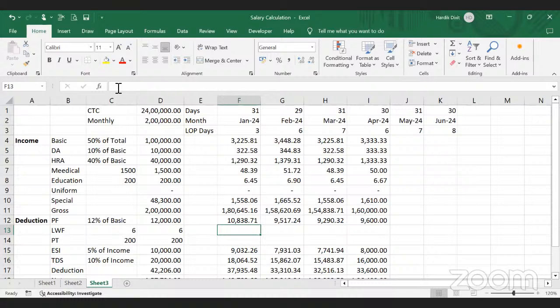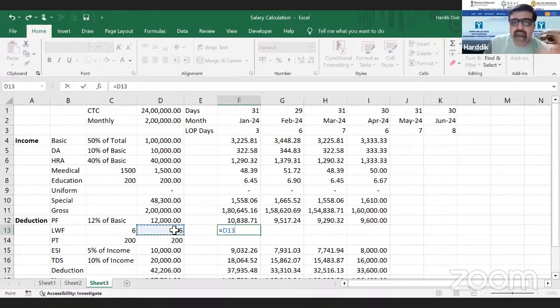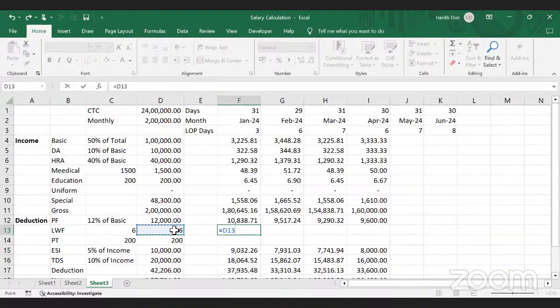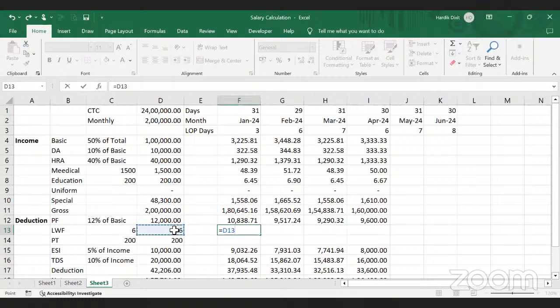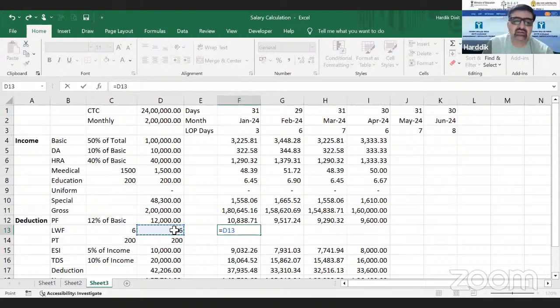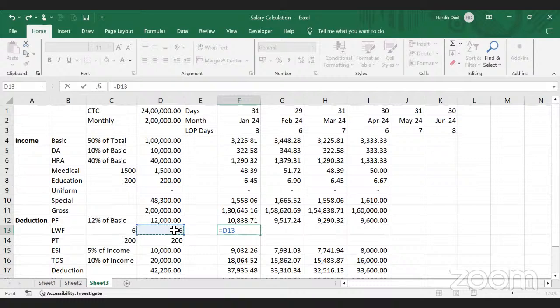So I just wanted to ask why we are calculating on the basic amount. Why are we not calculating on the gross monthly amount? Each component has a different purpose in this salary statement. Yes, sir. If I calculate on 2 lakh rupees, how would I calculate the provident fund deduction, the ESI deduction, the TDS? Okay, sir, now I got my point.